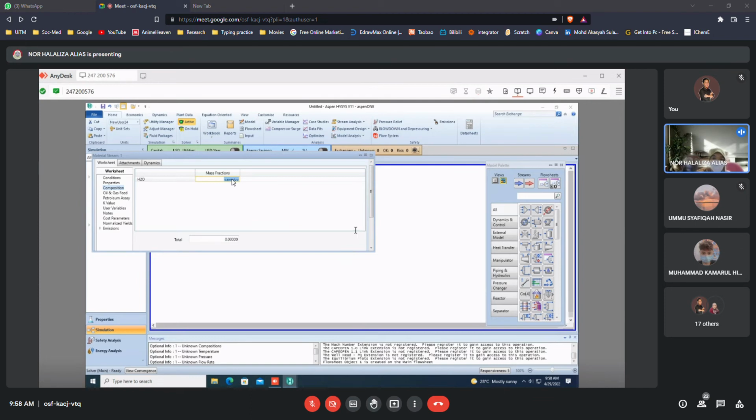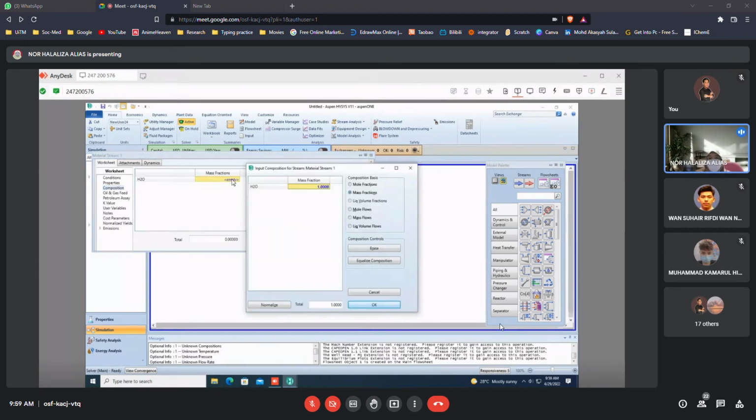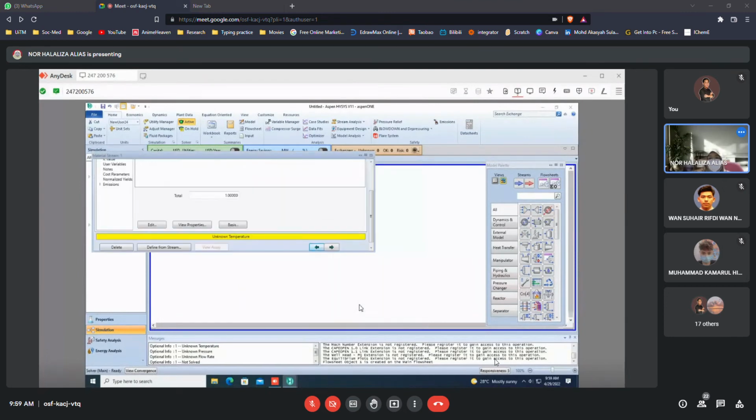Is it water only? Yes. Okay, so 1, enter. So make sure it's already changed to mass 1. Benda yang sama ulang-ulang balik. Mass fraction, make sure total is 1, then click OK.